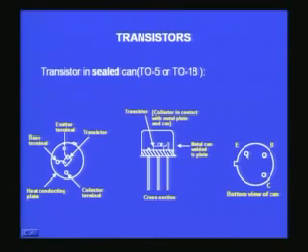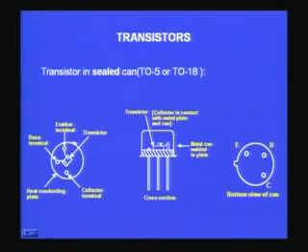You can see that there is the emitter, the base and the collector. This is an identifying tab, and from the tab you go along the clockwise direction to identify the various pins. For example, the first pin after the tab is the emitter, the next one in clockwise direction is the base, and the next one is the collector.